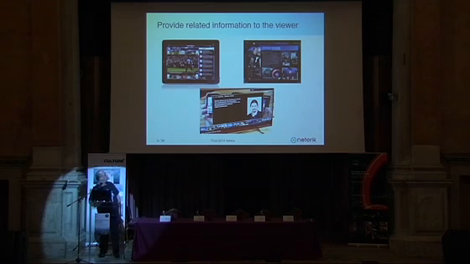You see 2 examples here, and one example of our own, which we are doing with RBB, also a partner in this project. This is one thing where people think about providing more information when they hear the word second screen, because statistics show that 80% of the people are using iPads while watching television.